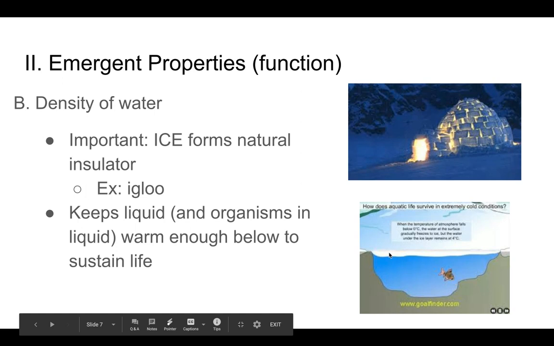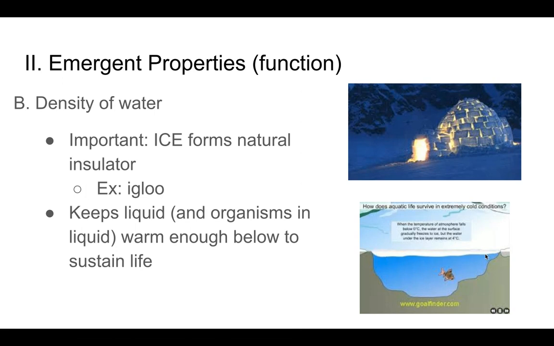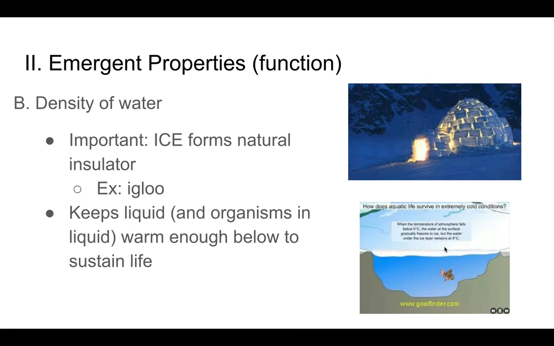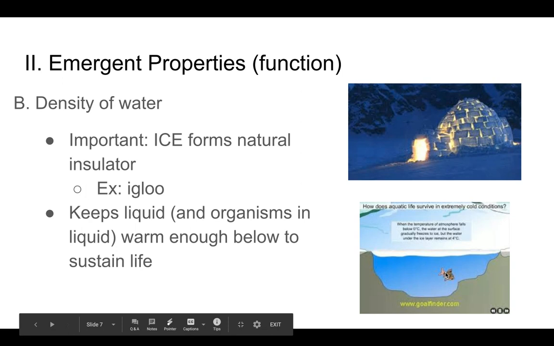So think about it: if ice formed on the surface and then sank to the bottom, this layer of ice would sink, exposing liquid water here, which would freeze again with the wind chills and the temperatures. And that layer would sink to the bottom, exposing liquid water here that would freeze again. If ice didn't float, slowly, slowly, slowly over time, we would have freeze, sink, freeze, sink.